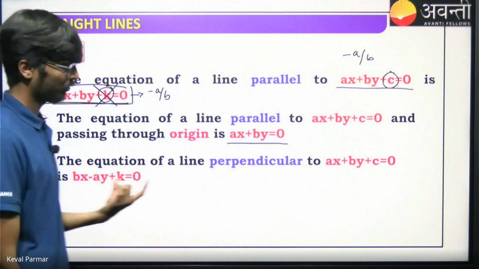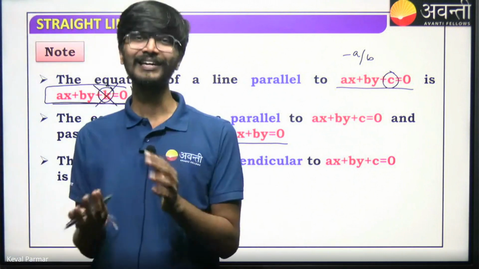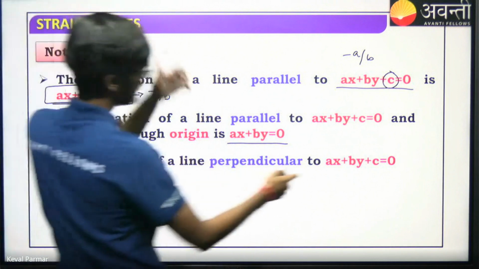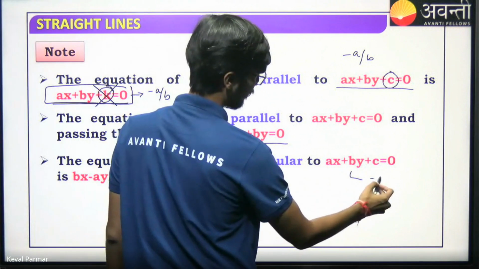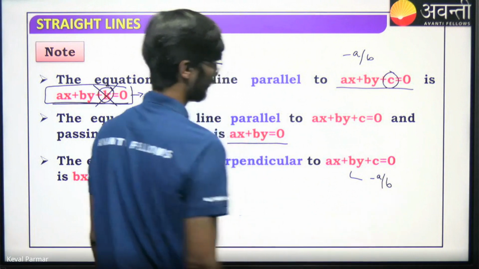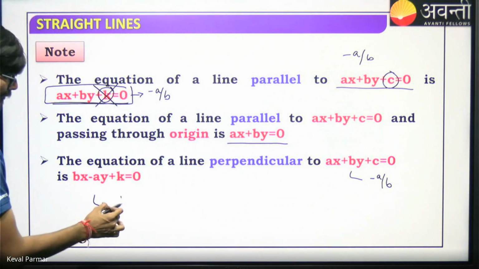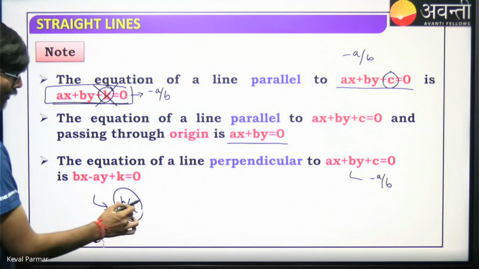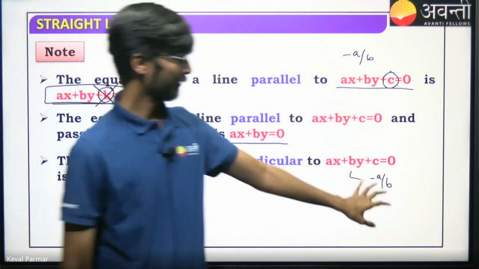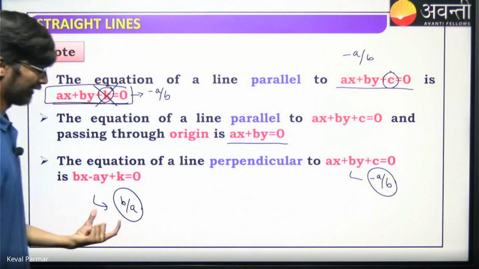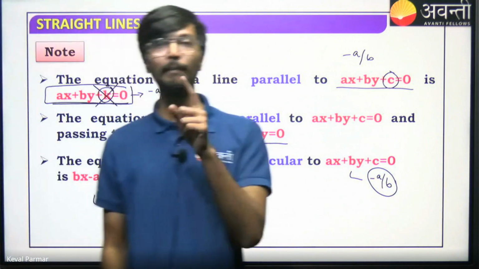Next, since we did the parallel case, we have to do the perpendicular case. What is the slope of this line? Minus a upon b. What is the slope of this line? b upon a. So as you can see, the product of these slopes, minus a upon b and b upon a, if we multiply them, we'll get minus 1.